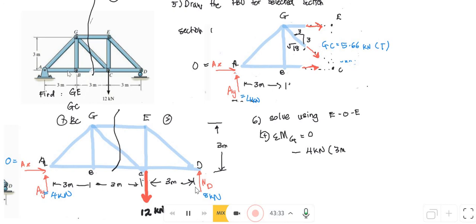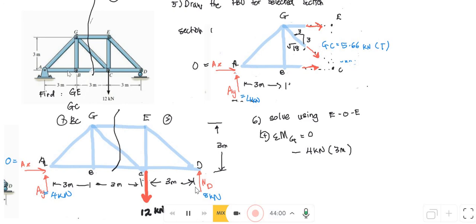This is the normal careless mistake that students always make. Okay, 4 kilonewton, clockwise so it becomes negative, then we have B. So far we did not see that our assumption is not correct. But I think the last one we will see that.